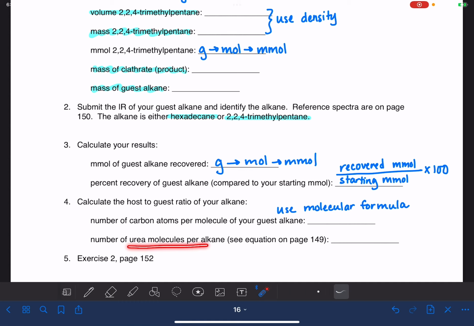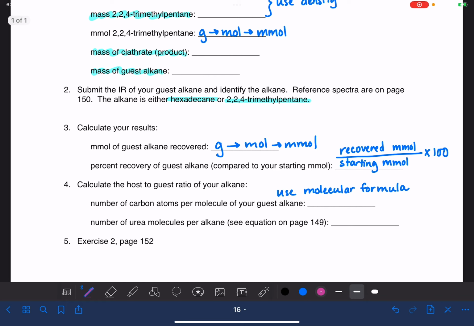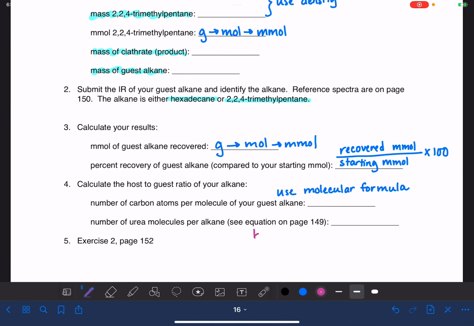The number of urea molecules per alkane. You have an equation to help you calculate this. It's on page 149. It's equation number 1 in your textbook in this section. And it says the host to guest ratio is, ratio, not ration, 1.5 plus 0.65 n.